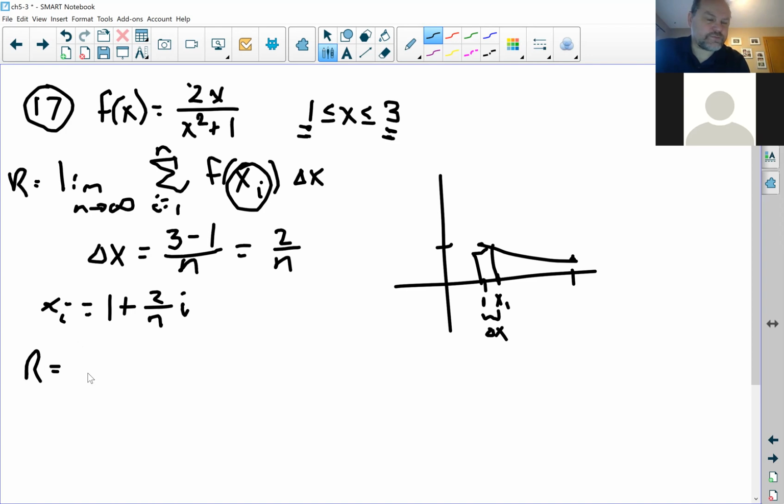So then our approximation becomes the limit as n approaches infinity, i goes from 1 to n.